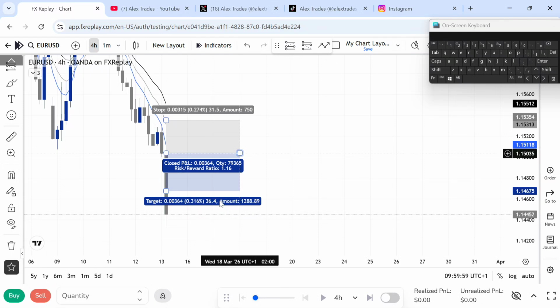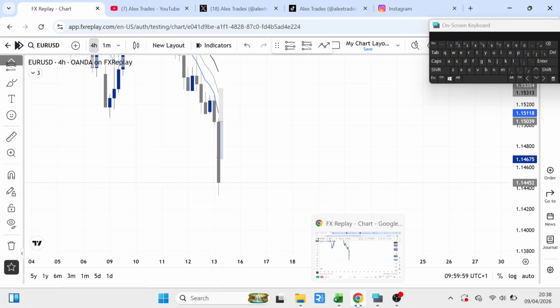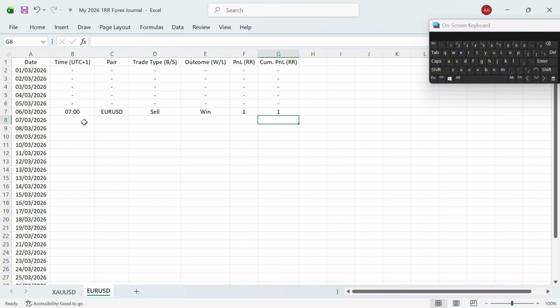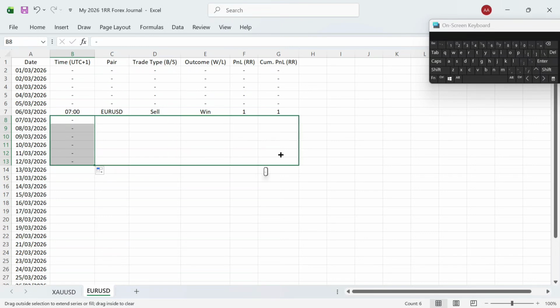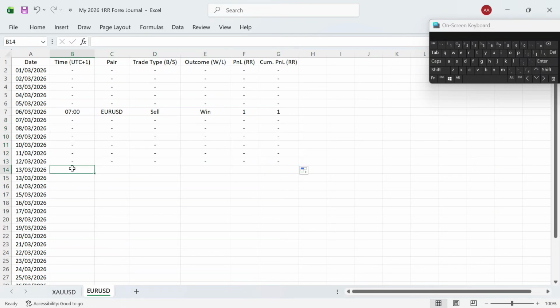So this one happened on Friday, the 13th of March by 6 UTC. We run this all the way down to the 13th by 6 UTC. Okay, so this is EURUSD.